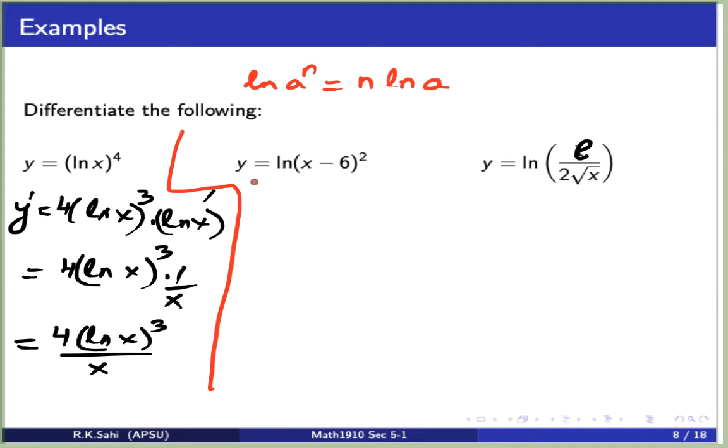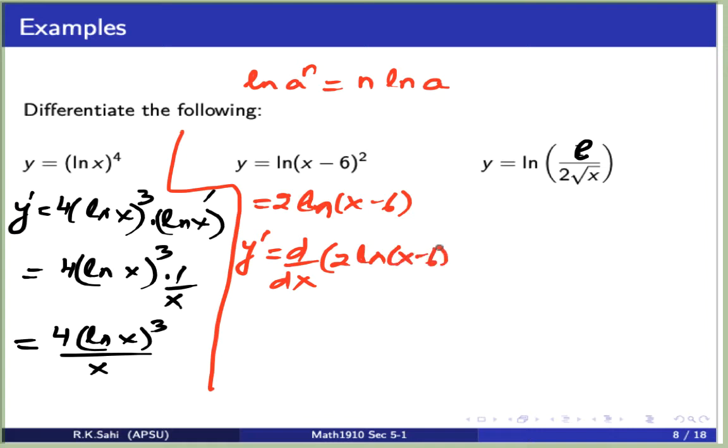So first we're going to make our life simpler by applying this log property, giving 2 natural log of x minus 6. Now I can't apply any of the natural log properties, remember, because there's a difference of two functions here. Now we will apply the differential. So y prime is the differential of 2 natural log of x minus 6.